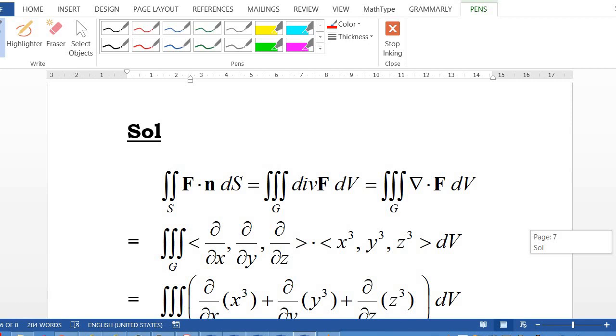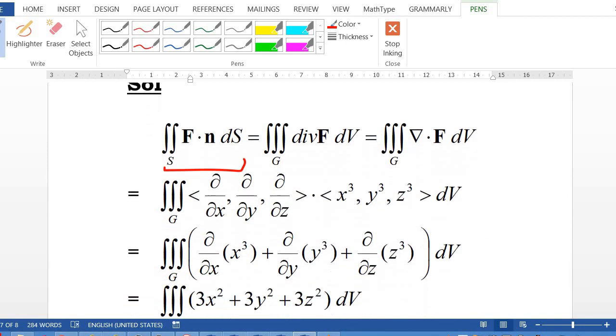So to solve the flux integral here, using Gauss theorem or the divergence theorem, it will be the triple integral of divergence of F dV across solid G. The divergence of F is del dot F, where del is del del x i plus del del y j plus del del z k, dotted with the vector F given, which is x cubed i plus y cubed j plus z cubed k.